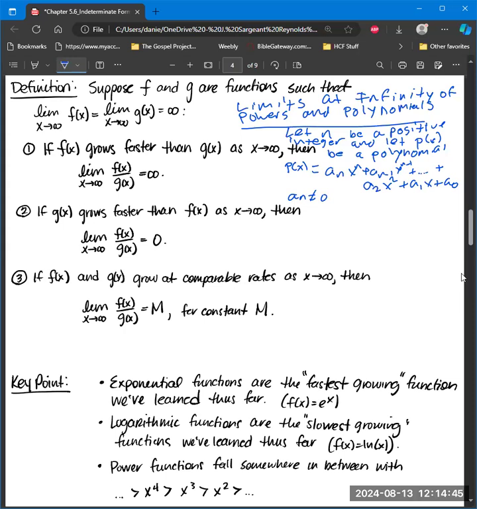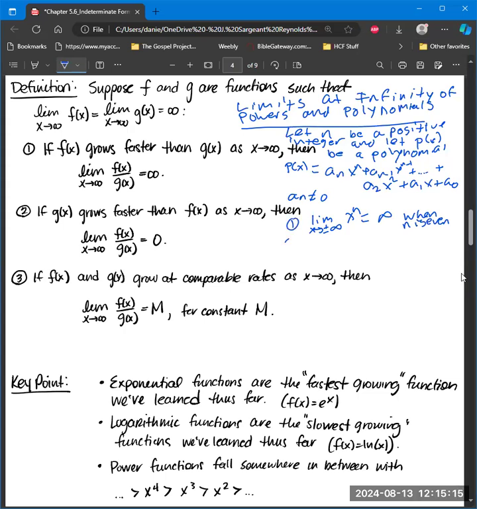Then the limit as x goes to either plus or minus infinity of x to the n is equal to infinity when n is even. If the degree of the function is even, it's going to have the same end behavior and it's going to match the leading coefficient here on the polynomial.